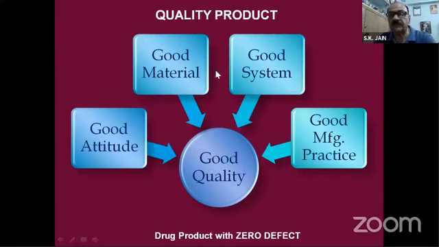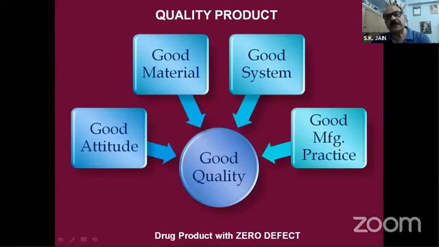If you have good manufacturing practices, naturally you will get good quality, because GMP is applied to your aptitude also, your material also, because at every stage you have to monitor your material, starting from the raw material which is coming into the pharma industry to the finished product which is coming out of the industry.